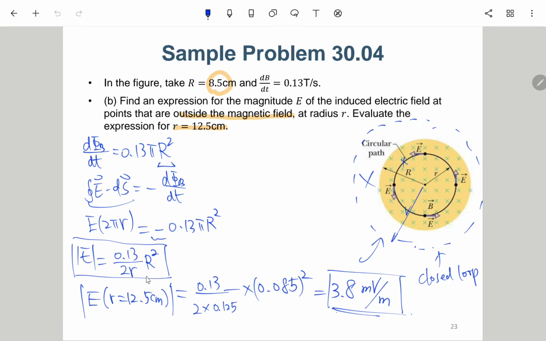And then outside, all these are constants, so for the outside part, the E field is inversely proportional to R. So it will be something like this: increase linearly, and then finally inversely proportional to R for the outside part.